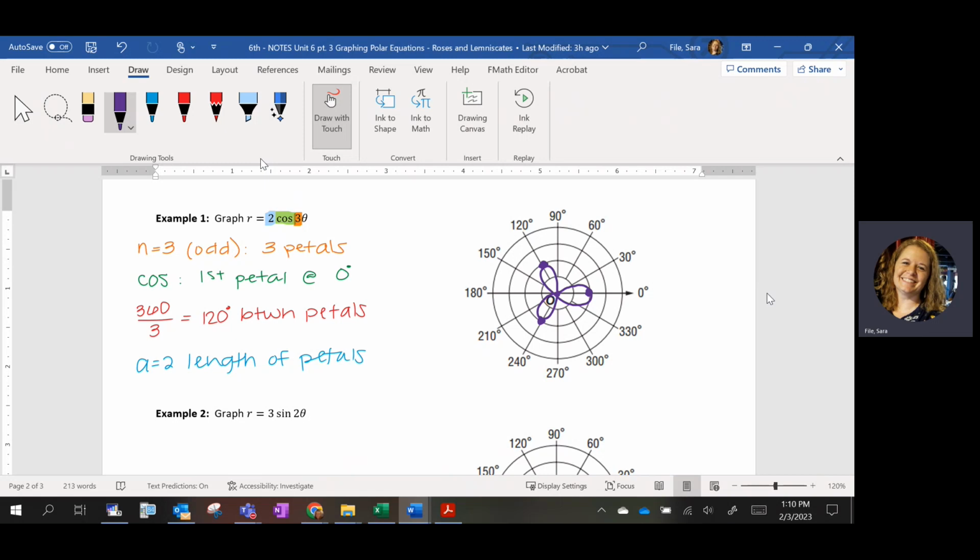We just are sketching it. We know the general shape and location and size, but I didn't draw all these petals perfectly the same width, which they should be technically. They would all be the same width and size, because I was just kind of freehanding that. I only had 4 points plotted, so it's okay that it's not perfect.